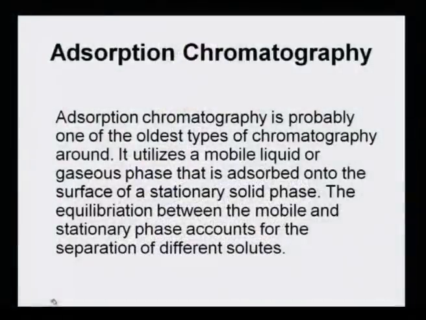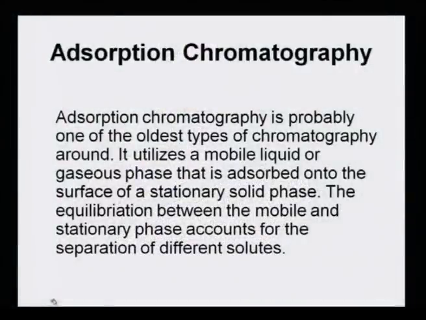Adsorption chromatography. Adsorption, as the name suggests, means it is being taken up by the material. It is being adsorbed. Adsorption chromatography is probably one of the oldest types of chromatography around.